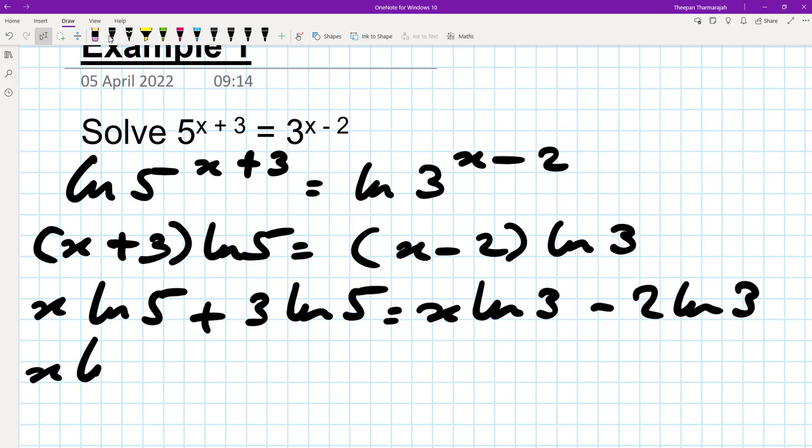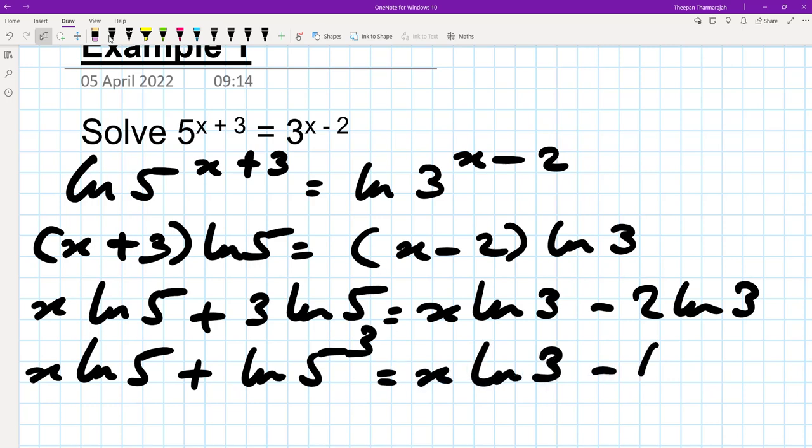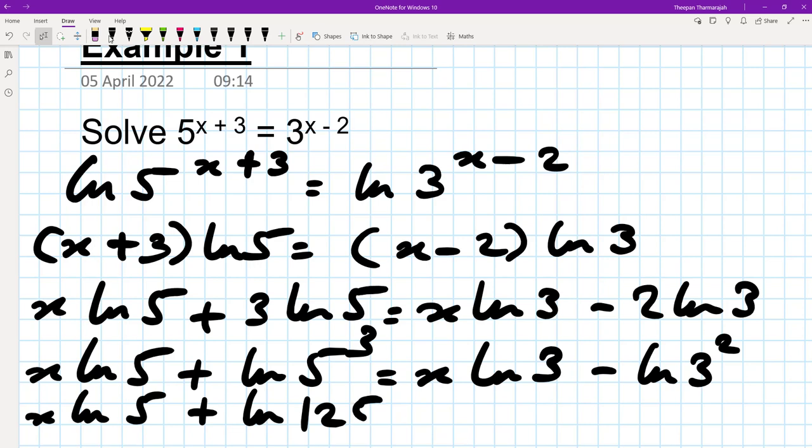So that gives me x ln 5 plus ln 5 raised to the power 3 equals x ln 3 minus ln 3 squared. So that gives me x ln 5 plus ln 125 equals x ln 3 minus ln 9.